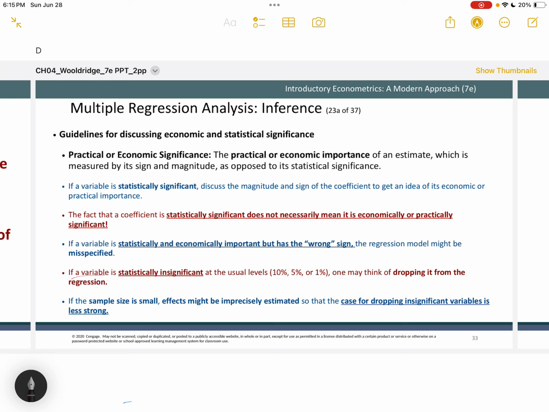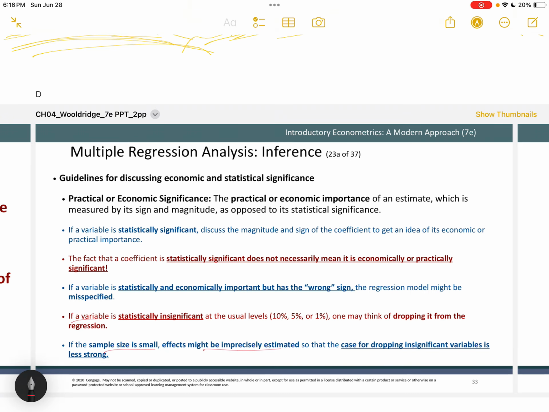I will say it's better to report results with and without the insignificant variables, and be careful when you're doing that. So if the sample size is small, the effects might already be imprecisely estimated. So dropping the insignificant variables is not a strong case.